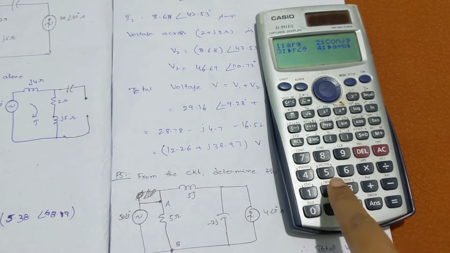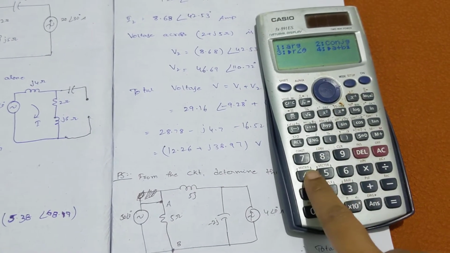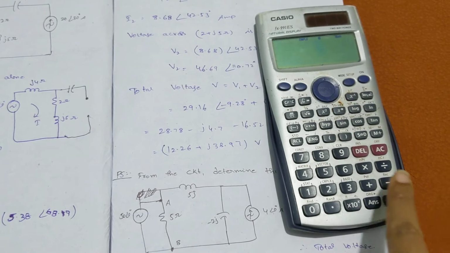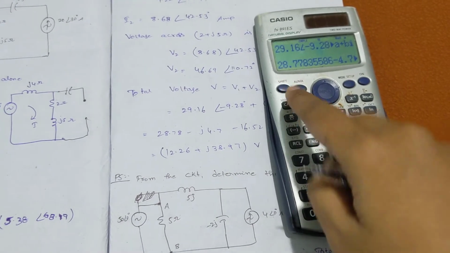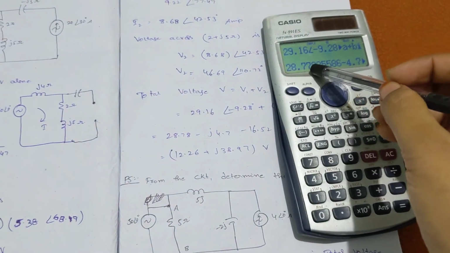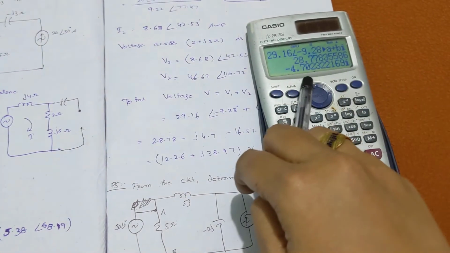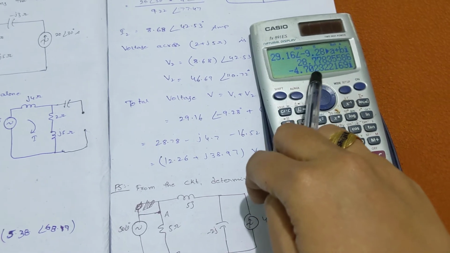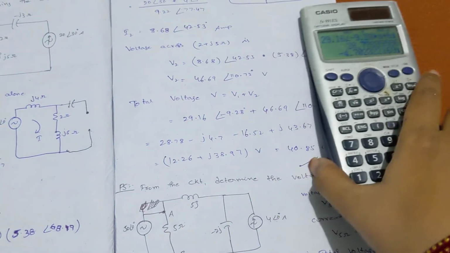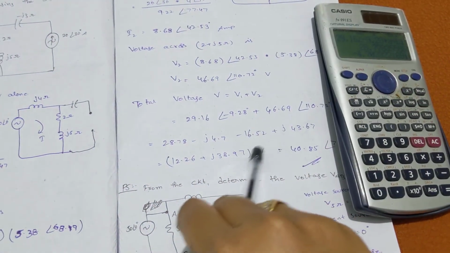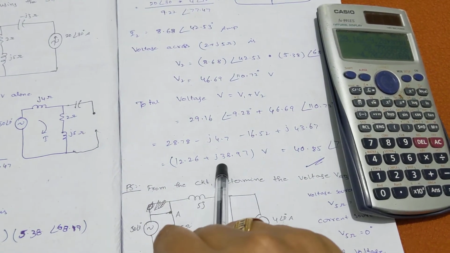It is asking for rectangular, 4. Okay, 28.78, because I just rounded this, minus 4.70. Similarly do this for the other one and get the final answer in rectangular.